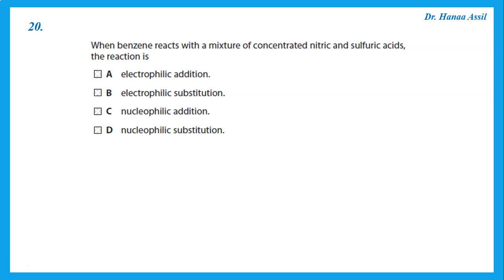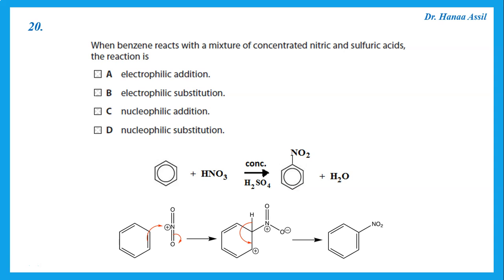When benzene reacts with a mixture of concentrated nitric and sulfuric acid, this again is an example of electrophilic substitution, in which the electrons from the benzene attack the electrophile.